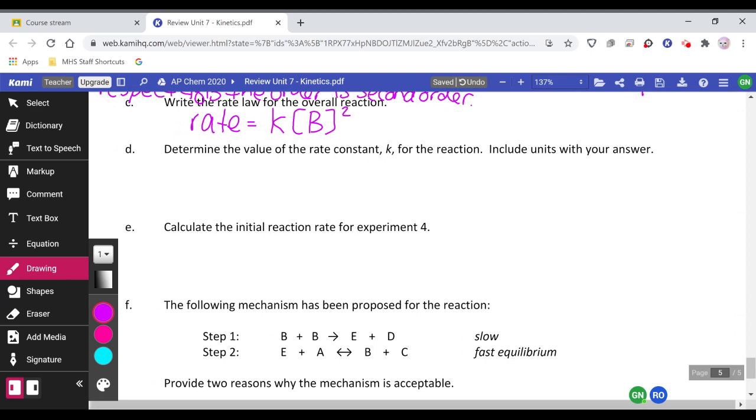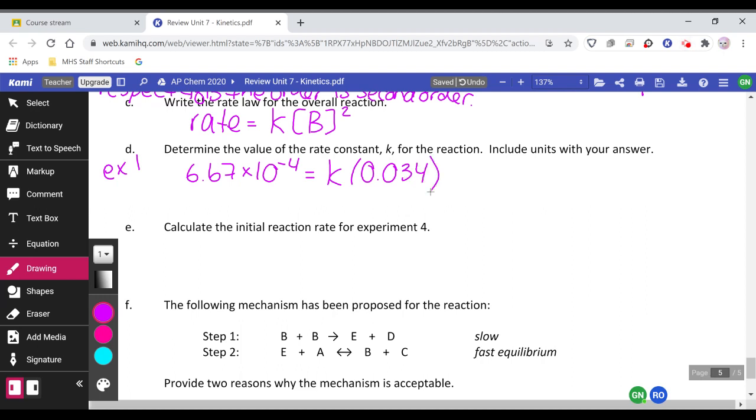Determine the value of the rate constant K. Okay, so I picked my first experiment, and I just wrote the rate of that first experiment. So I used experiment 1. I used 6.67 times 10 to the negative 4 equals K, which is what we're solving for, times concentration of B for experiment 1, so 0.034.